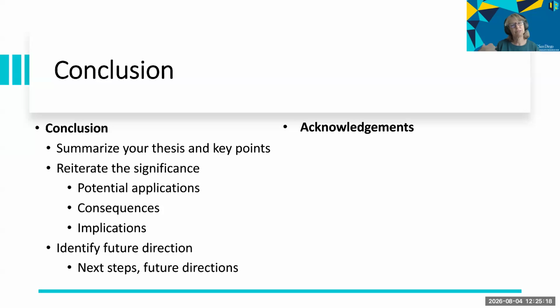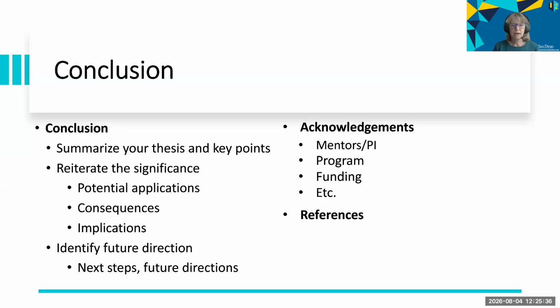You don't want to refer to some people who have a doctorate as doctor and other people who have a doctorate not as doctor. So mentors, PI, program, funding, etc. All of these things are things that you would have on the acknowledgement slide. You also should have references.